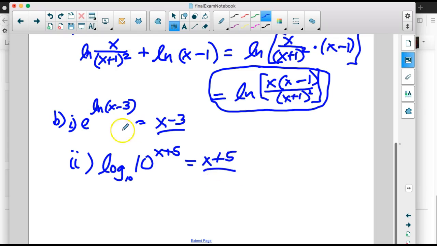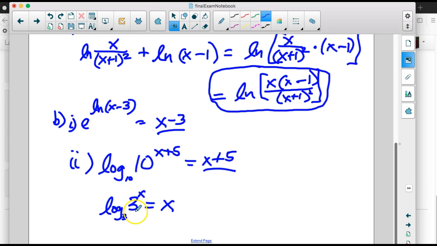So anytime you see the inverses next to each other in logarithms, for example, if you had log base 3 of 3 to the x, then that's just going to be the x value. So e and ln are inverses, log and log base 10 are inverses.